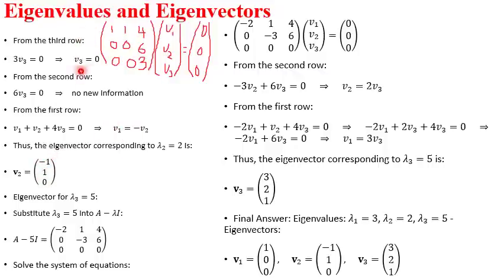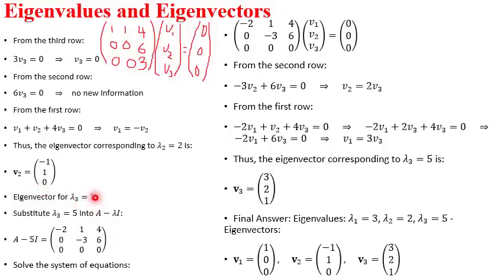And of course, we had established that V3 equals 0. So we can then proceed to the third eigenvalue to determine the eigenvectors for that.